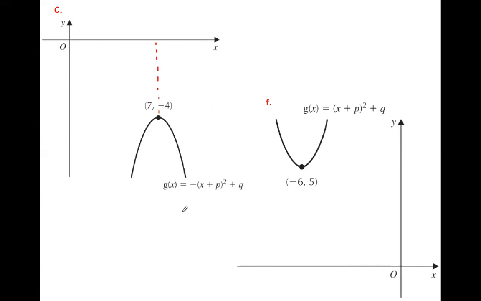So you can just rewrite that as minus, because it's a sad face, (x minus 7) squared, because when x equals 7, I get -4, which is minus 4.